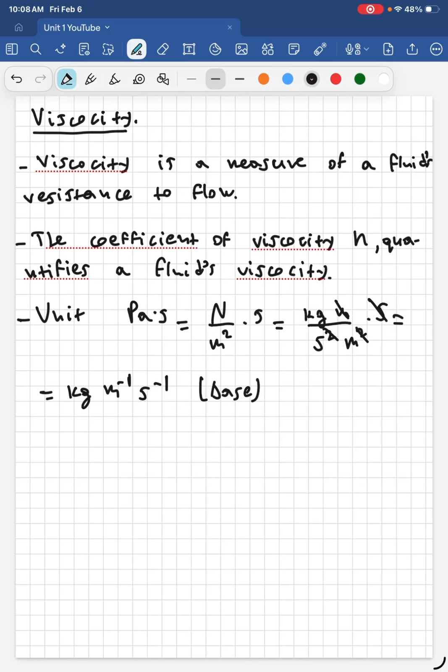All right. So now viscosity, eta, depends on the material and its temperature.